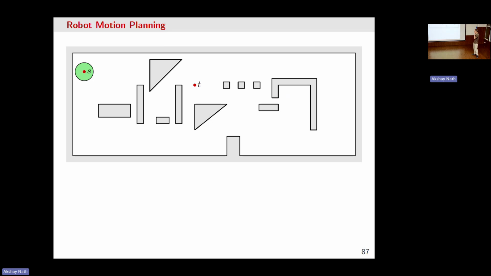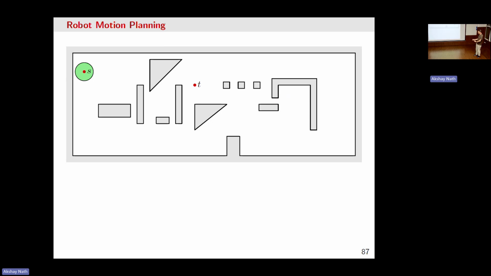Maybe this is a weird place to put the charging station, but let's say it wants to go there because that's where the charging station is. So how can you do this?